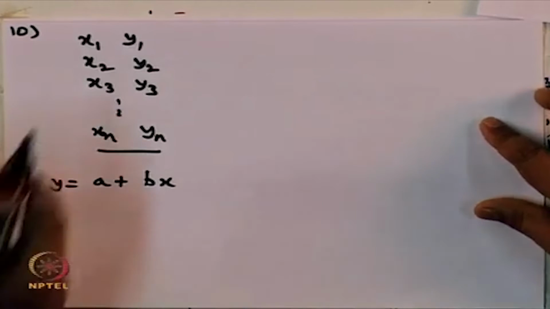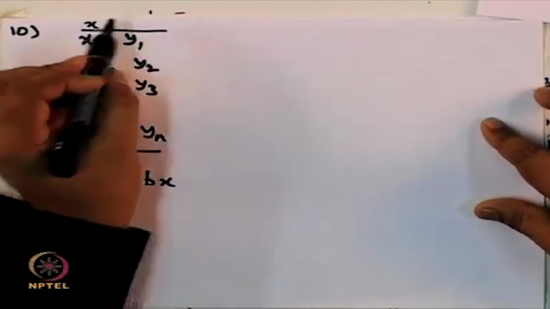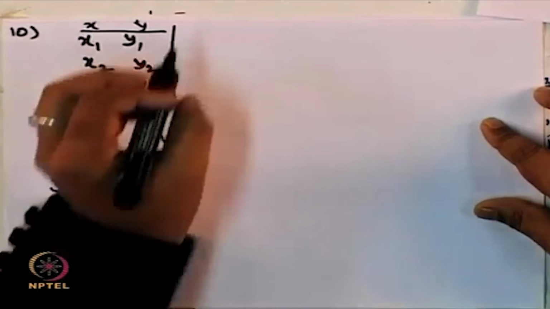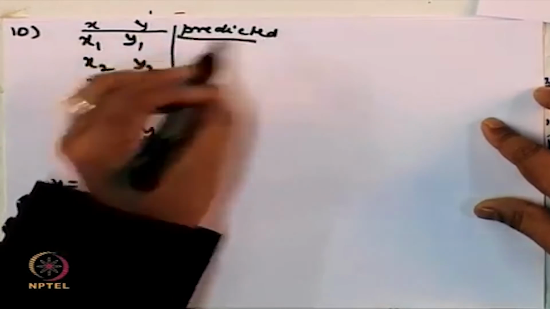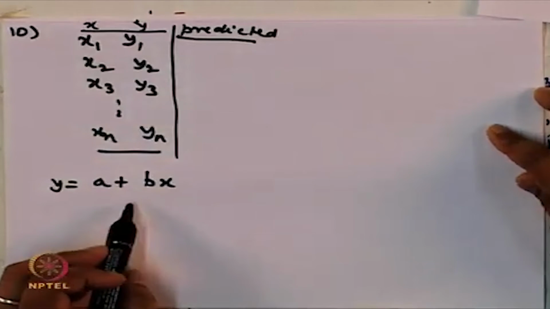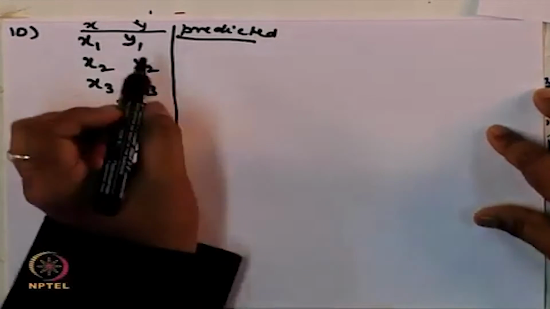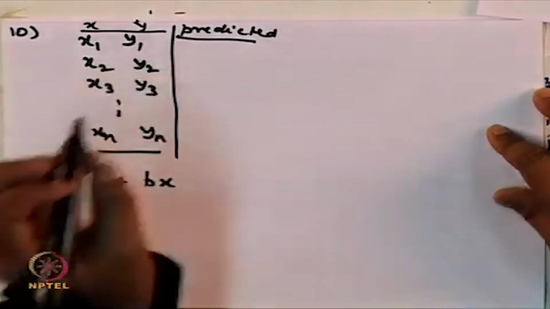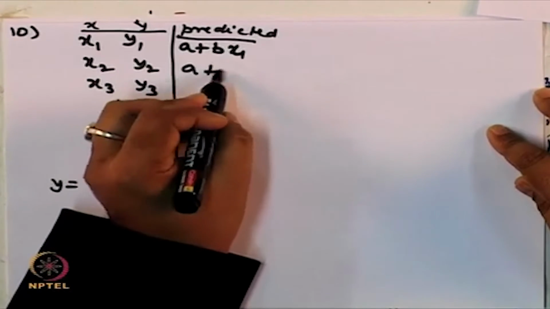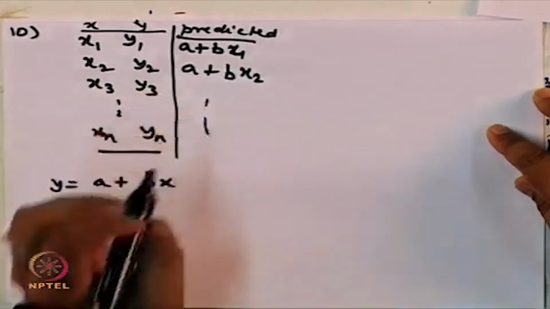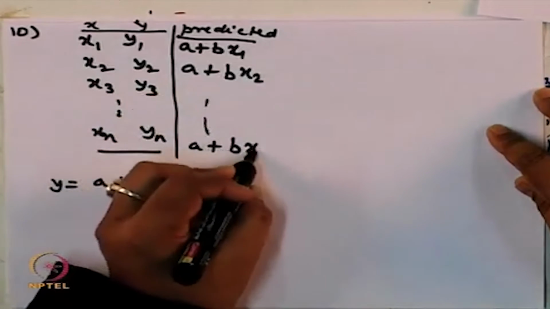So, these are my x and y values, and my predicted values. If I were to draw this particular line as the estimate of the values, I can write that at these points it is a plus bx1, a plus bx2, up to a plus bxn.